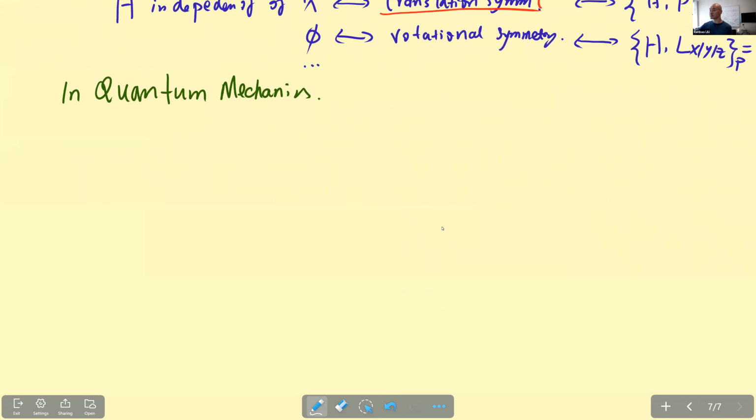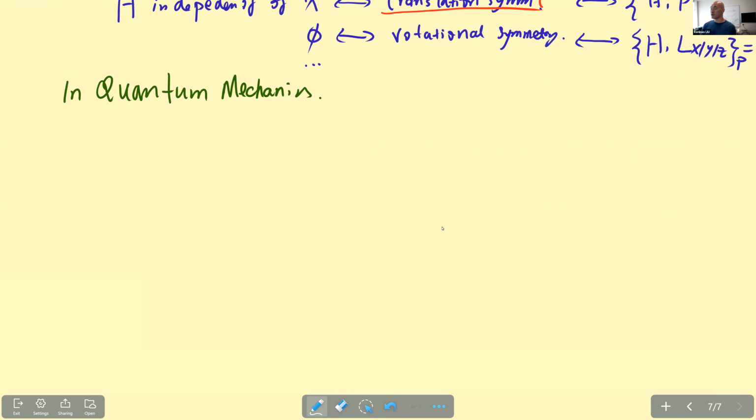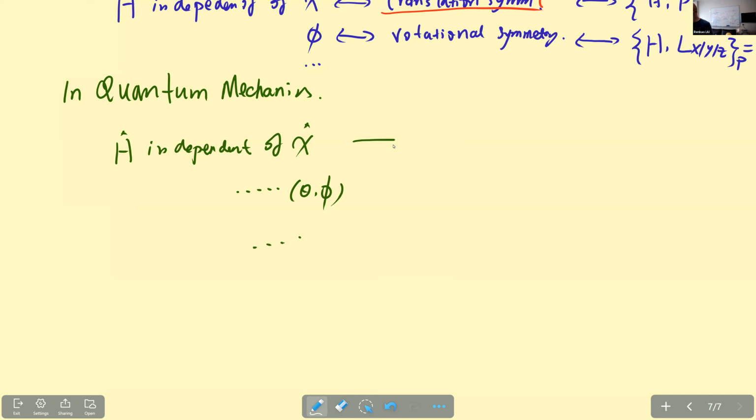Of course, if we have the Hamiltonian independent of, for example, the x operator, or theta and phi, or some other cases, then for this one we know that you have translation symmetry.